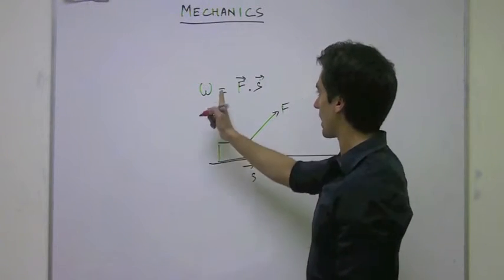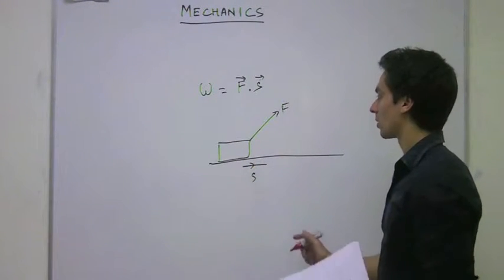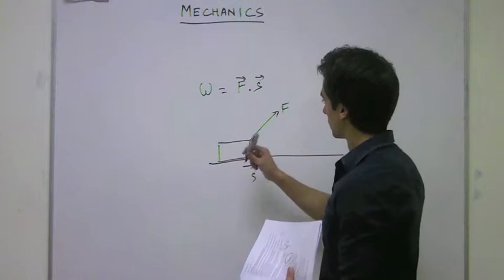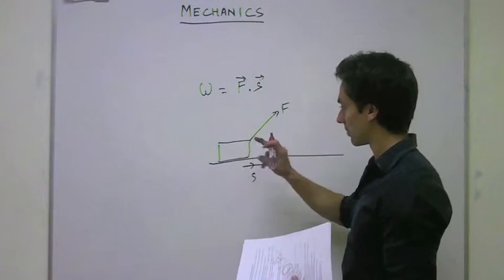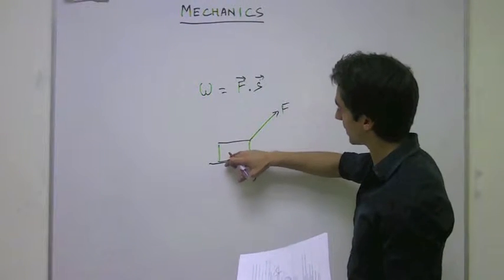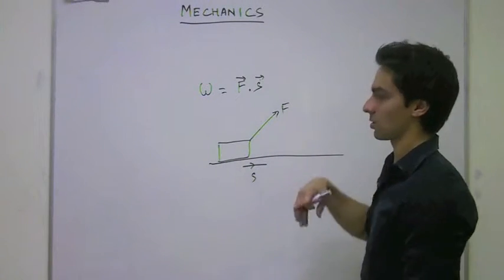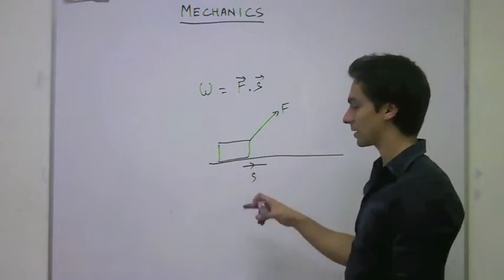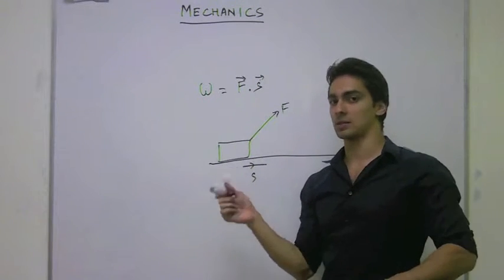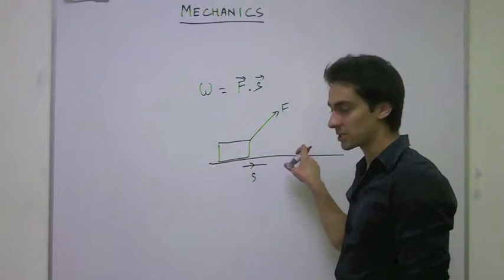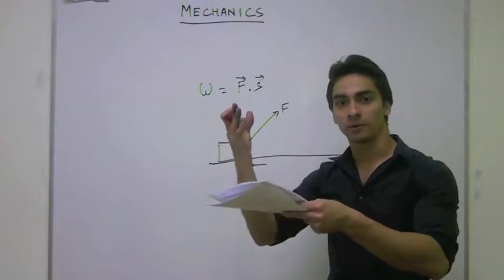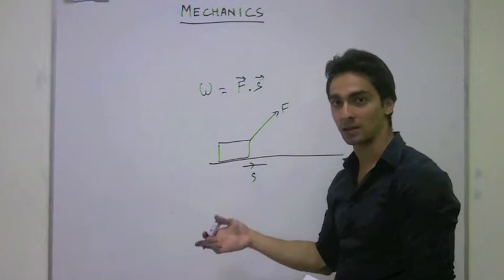If the object is moving along this surface here, but the force is pulling it in that direction, there are two ways of defining the work done in such a scenario. Either you see the direction of the force being applied and multiply that with the displacement along that direction, or another, easier way is to look at the direction of the displacement and see the component of the force being applied in that direction.